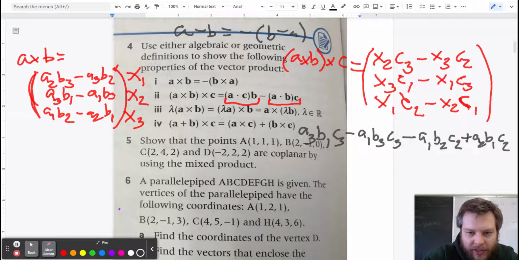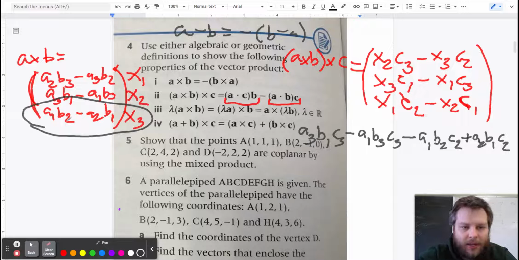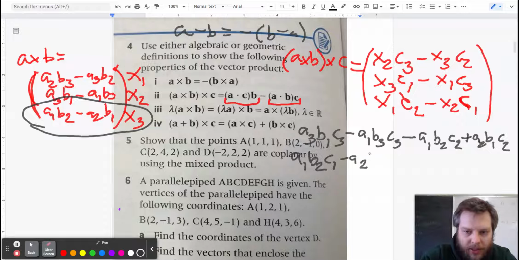Same sort of strategy on the next one. We have x3, the bottom row from over in this matrix, times c1. So we go a1 b2 c1. I'm distributing, minus a2 b1 c1. Then I have x1 times c3.